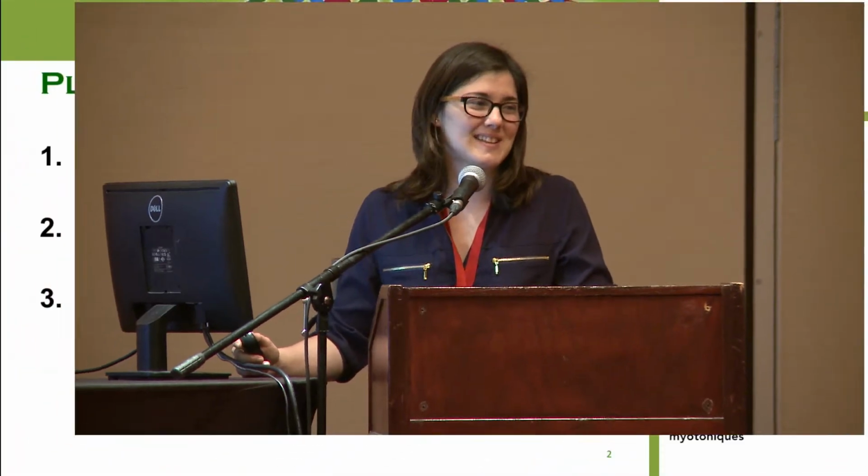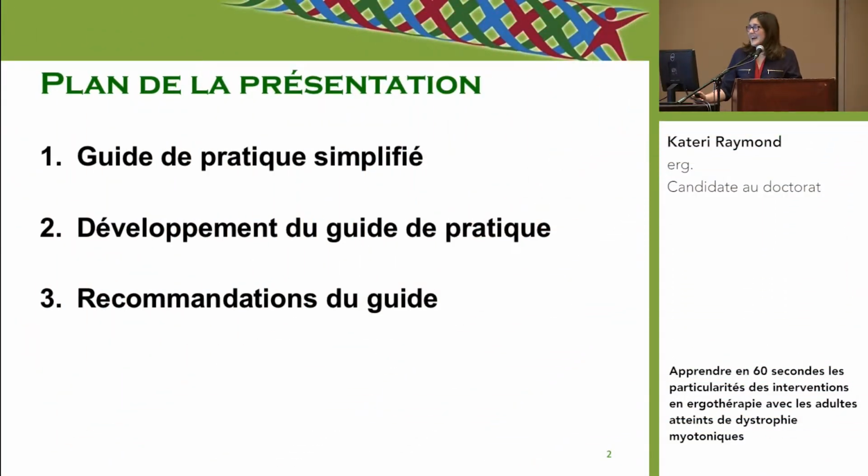My title is rather ambitious. Learning in 60 seconds the specificities of OT interventions for adults with myotonic dystrophy. It's ambitious, and I guarantee I won't be able to do it in 60 seconds. So today I'll really deal with 3 distinct sections. I'll talk about a simplified practice guide that we've developed with the collaboration of wonderful occupational therapists.